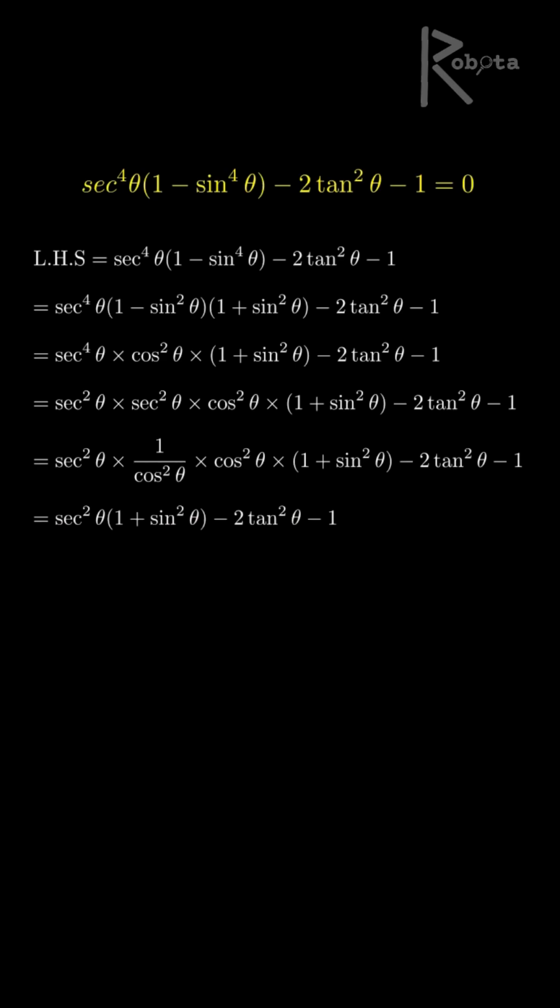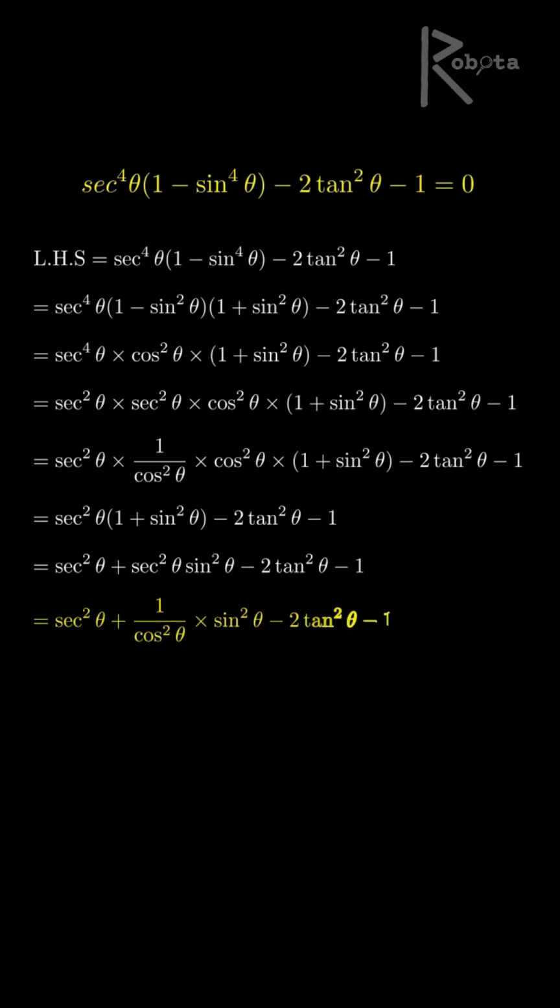Now distribute sec²θ into the bracket. We get sec²θ plus sec²θ multiplied by sin²θ minus 2 times (tan²θ minus 1). So sec²θ multiplied by sin²θ becomes sin²θ divided by cos²θ.